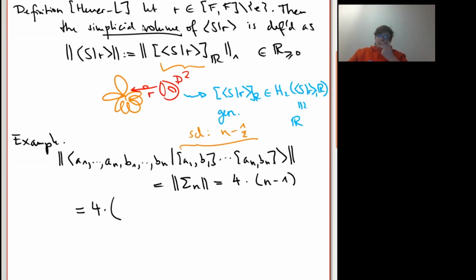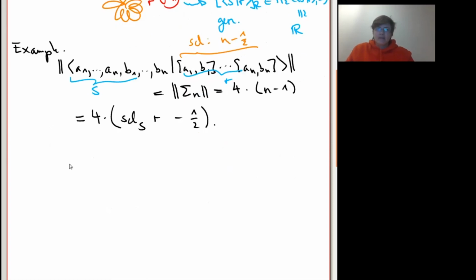I didn't prove it, but I told you that this is the result. So maybe let's give this a name, right? This is S and this is R. Then this is 4 times stable commutator length of R minus 1/2 in this case. Okay, so that's just putting these known results together.